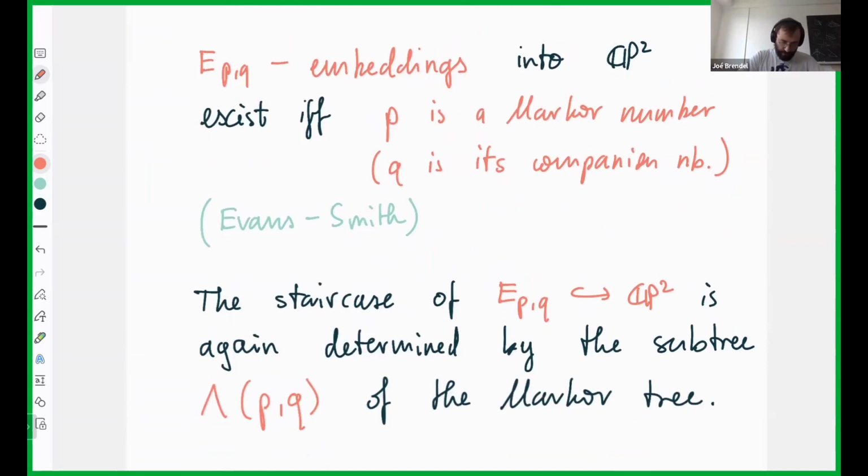PQ ellipsoids. So first of all, we need to make sure that there is such an embedding even for very small alpha and beta. And Evans Smith tells you when this is the case. Namely, this is the case if and only if P is a Markov number and Q is its so-called companion number. It's just some additional number that we attach to the Markov number.